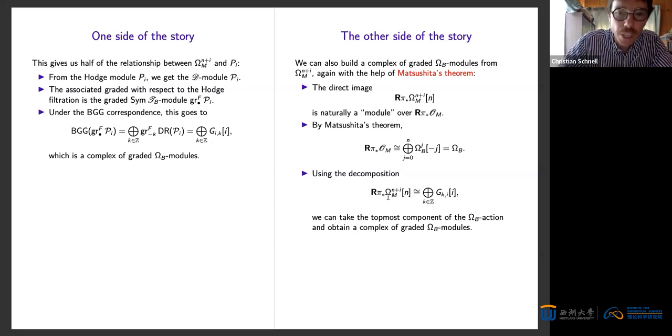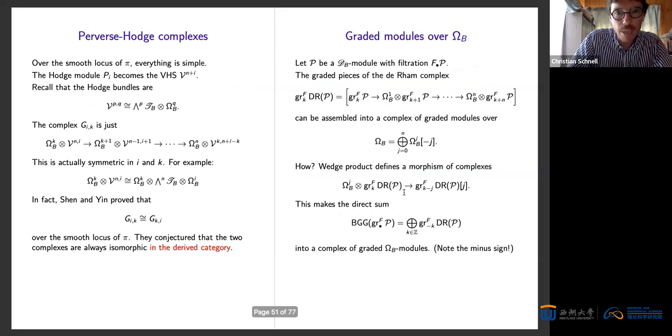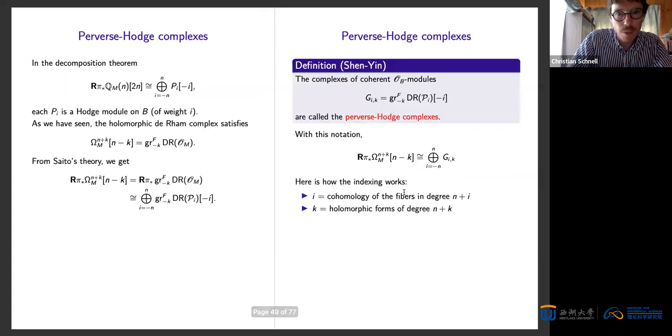I can take the associated graded for that filtration, and then I will actually get a complex of graded modules over this omega B. And if you write it out, the associated graded is actually the direct sum of these, again, these perverse Hodge complexes, but where now the K and the I are swapped. Now it's G_{K,I}. Right now I'm fixing the holomorphic degree I, and I'm just letting the first index vary, right? This formula here that I'm using is just this Saito formula here for the push forward of the forms.